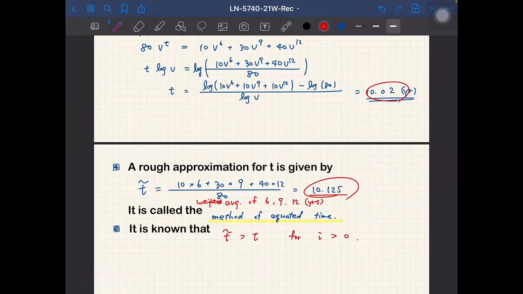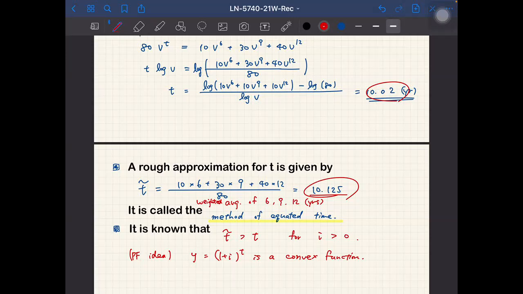I don't provide a proof here, but basically the proof idea is that y equals 1 plus i, the effective rate, to the power t, is a convex function. And this convexity gives t tilde larger than t.